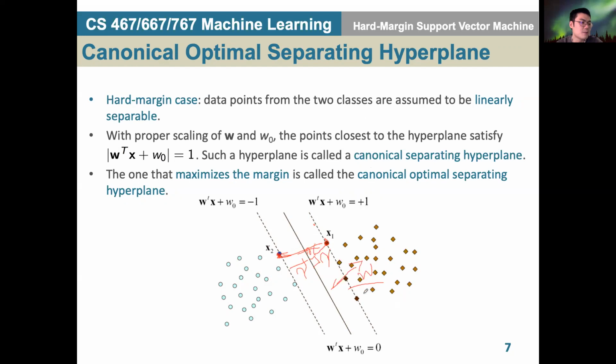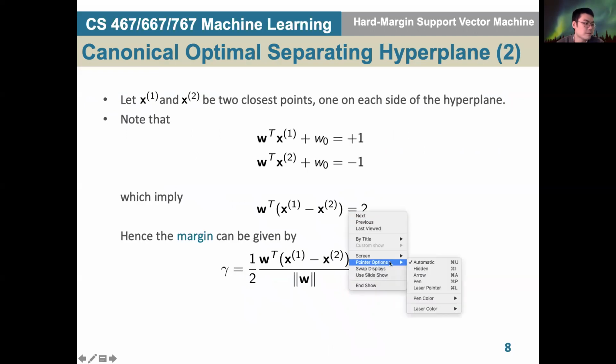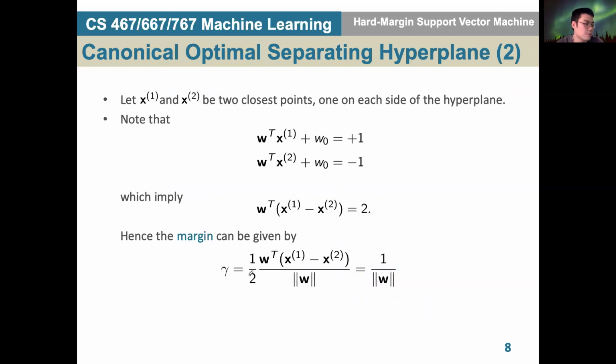In order to do that, we need to take the unit vector, so we divide by the vector length. Once we do that, it's equal to 2 gamma. So if you move this here, the 2 gamma is really this difference vector times the cosine theta.